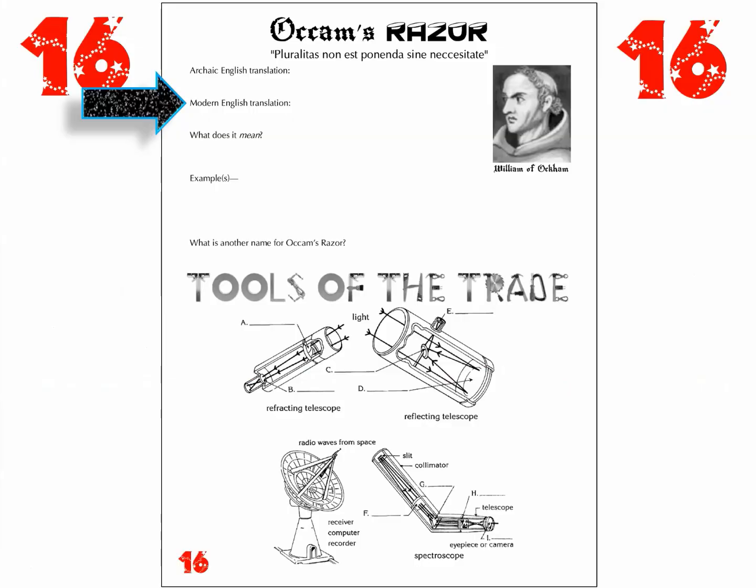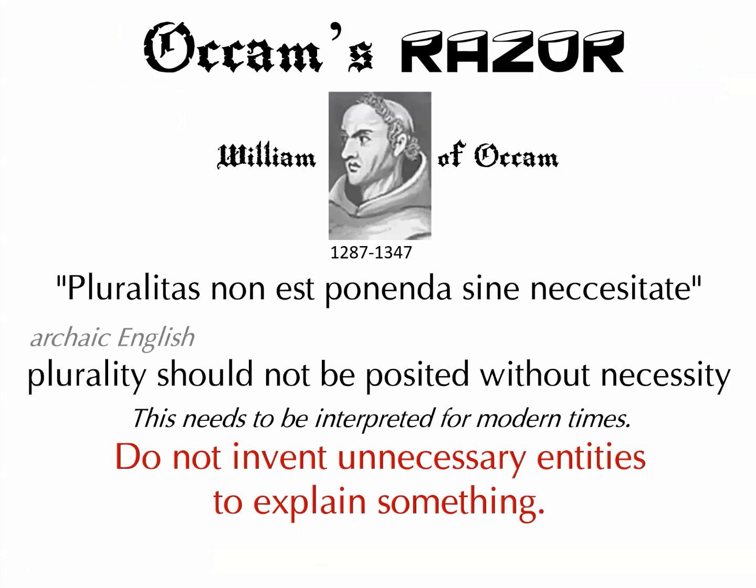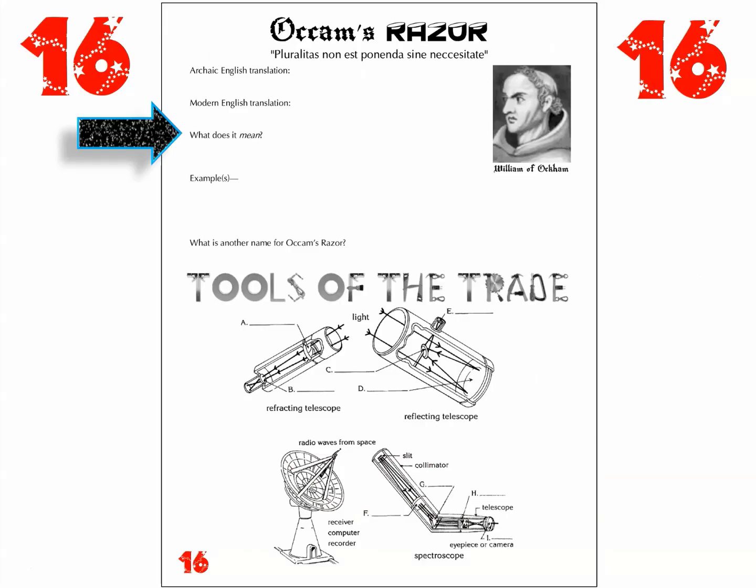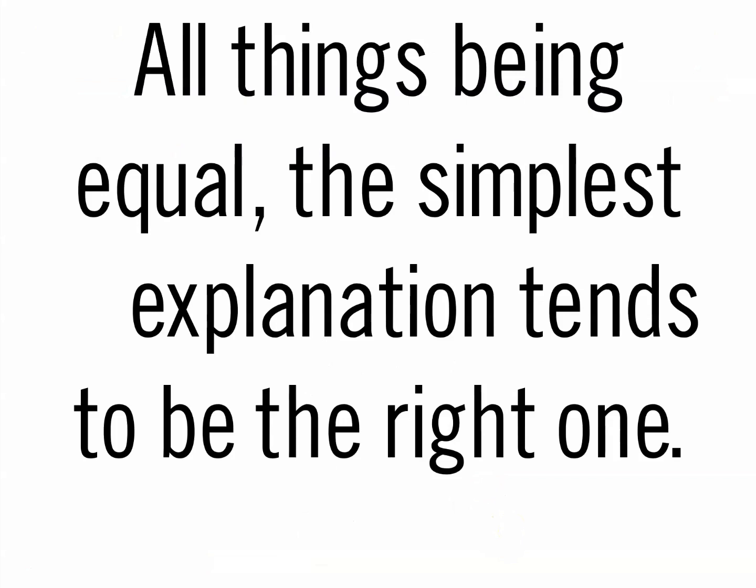So let's move to the modern English translation, which now reads as, do not invent unnecessary entities to explain something. Really what we're after is, what does this mean for Occam's razor? Well, in the simplest, pun intended, form, all things being equal, the simplest explanation tends to be the right one.